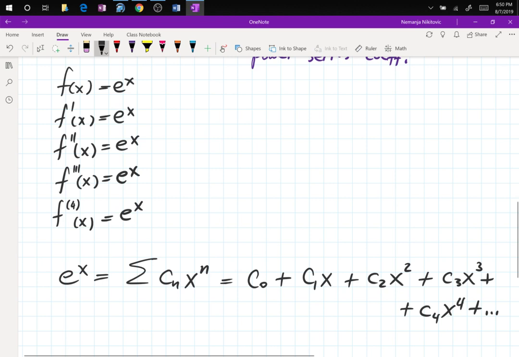I want to add that term because I already have the 4th derivative, and so on.